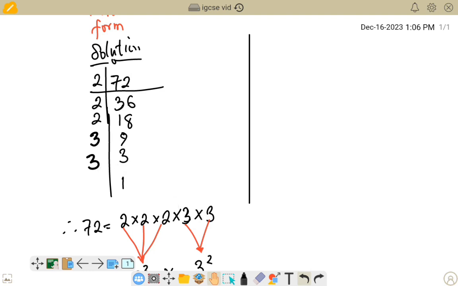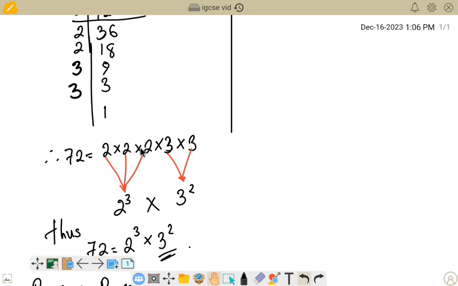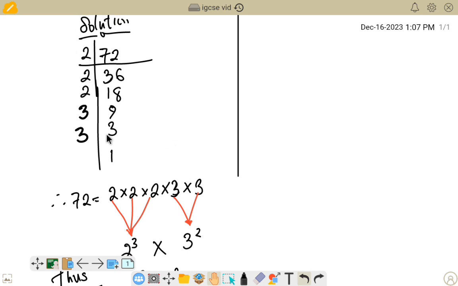If you multiply all these numbers, you should have 72. So 72 is equal to 2 times 2 times 2, then 3 times 3.